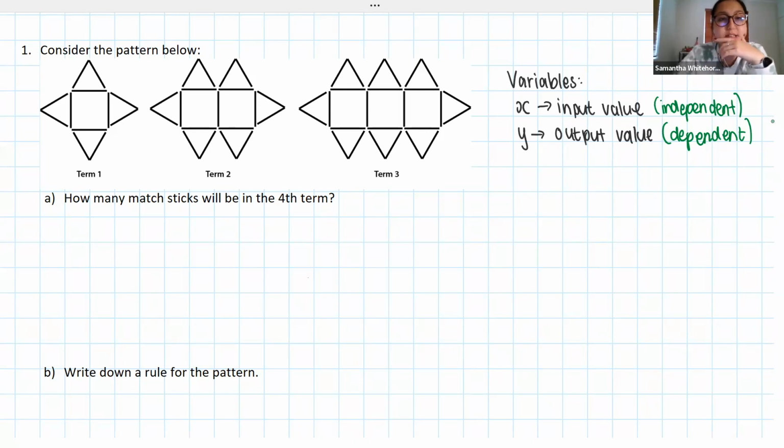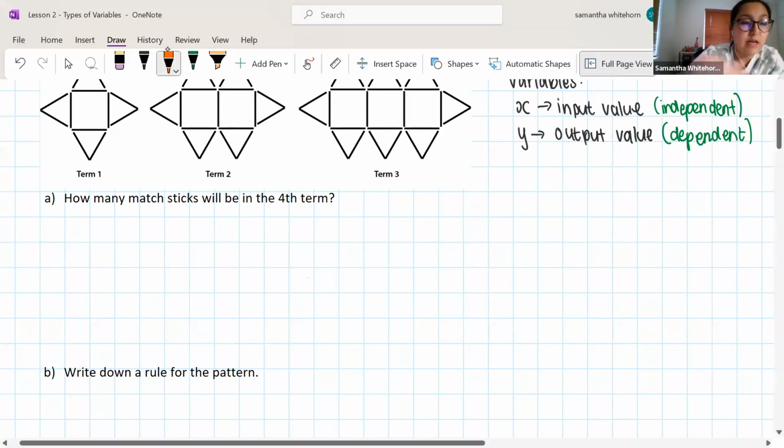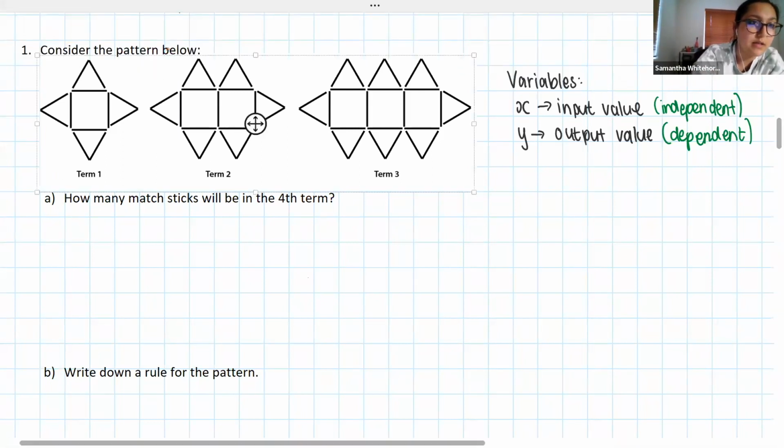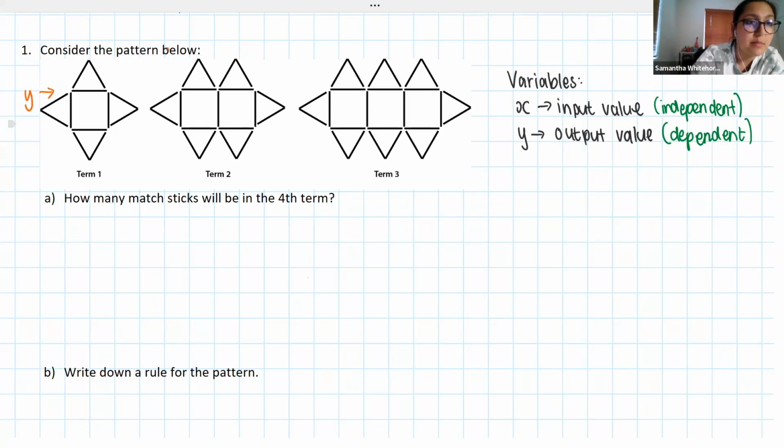We did speak about this on Monday, but I'm going to remind you. Your Y value in the case of any pattern or relationship is, in this case, the number of matchsticks we have, or the number of lines.